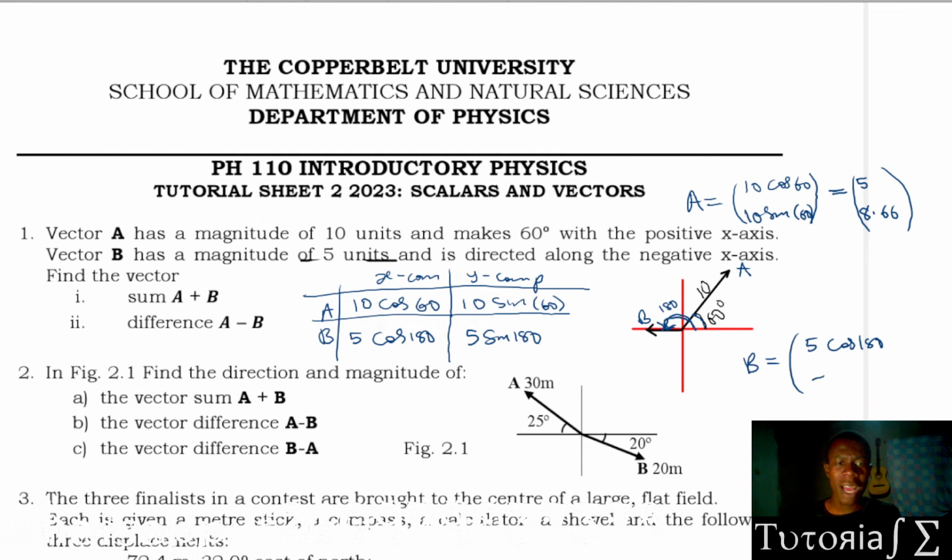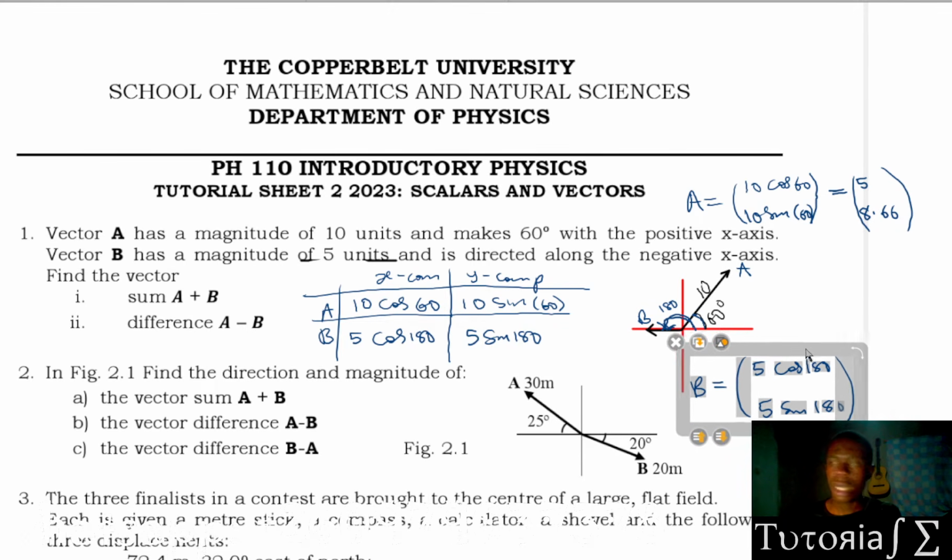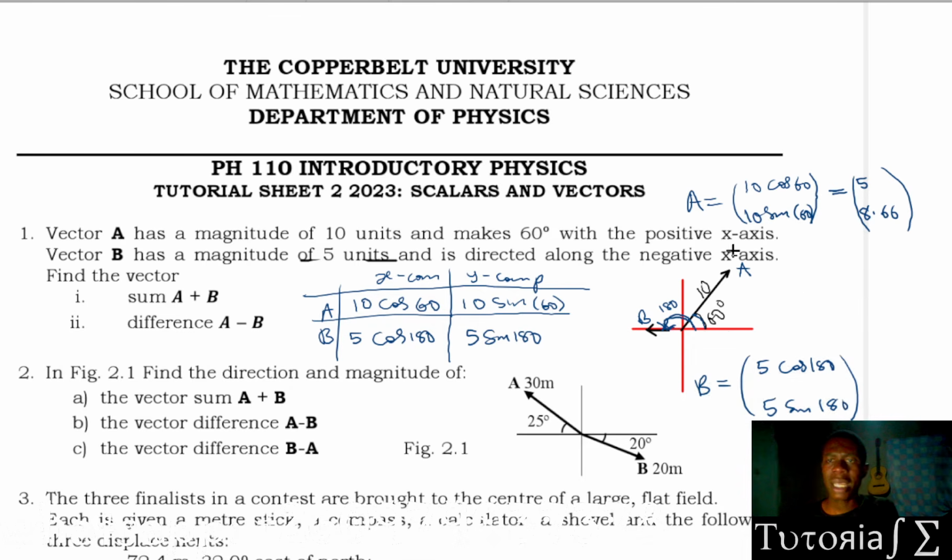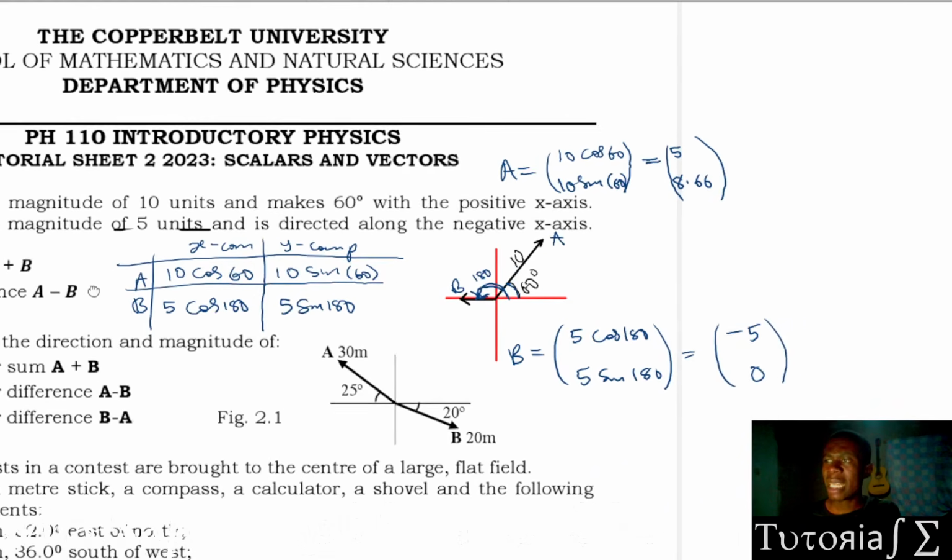Then we have 5 sine 180, which is basically just equal to 5 times cos 180. Cos 180 is -1. So -1 times 5, that would be -5. Then sine 180 is 0. So that would be 0. And yeah, so that is basically A and B.